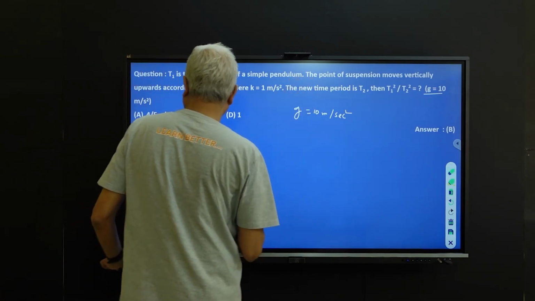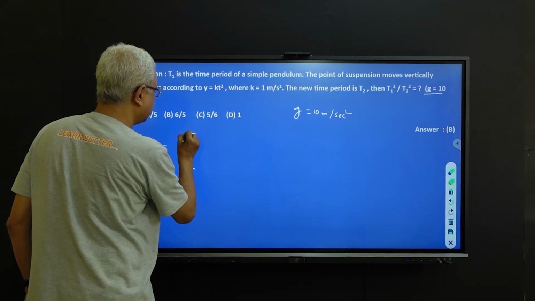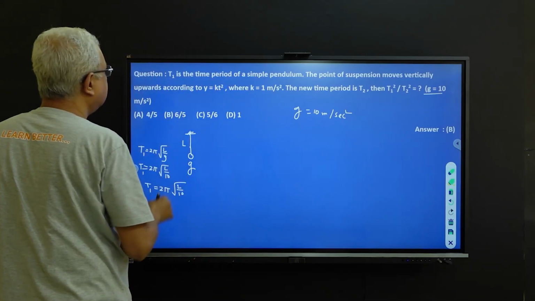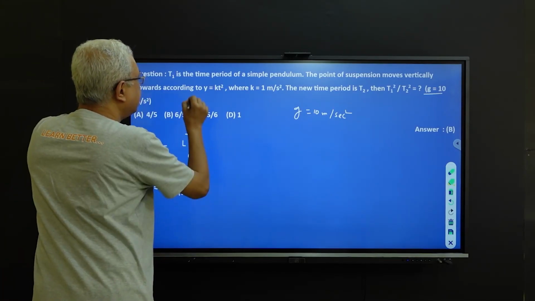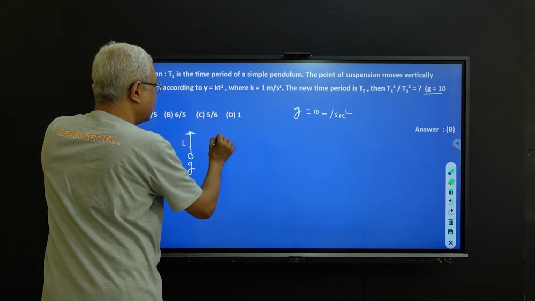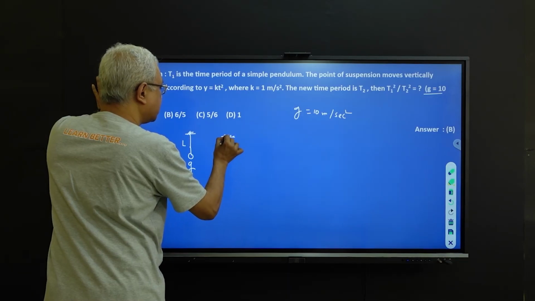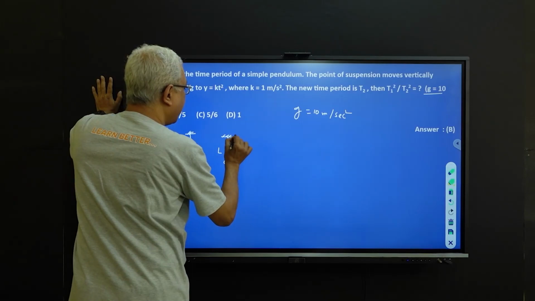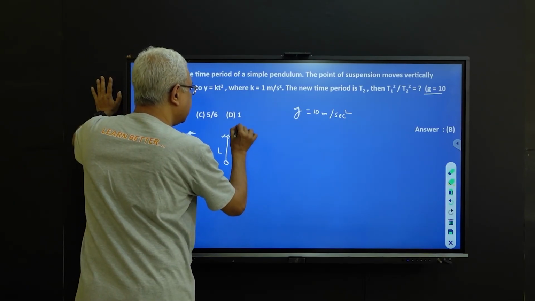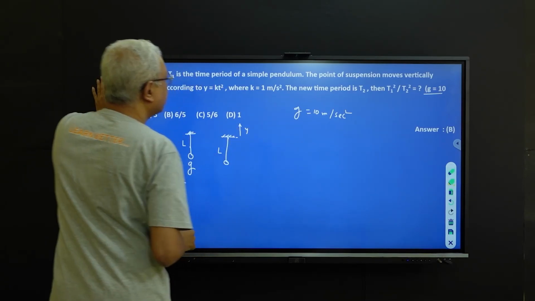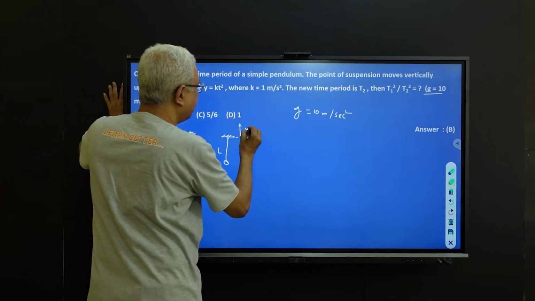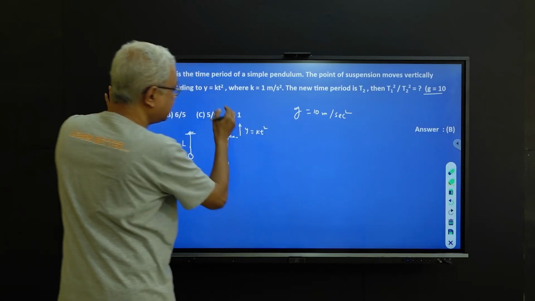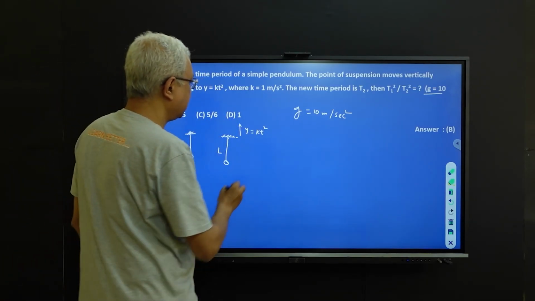Now the point of suspension of the pendulum moves vertically upward according to y equal to k t square. Y is the displacement of the point of suspension.